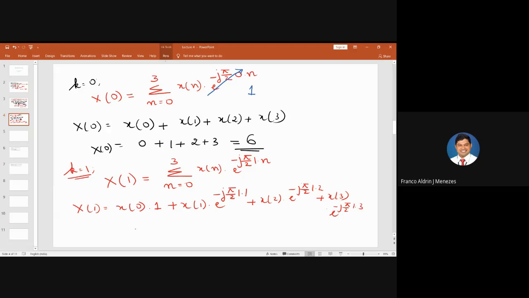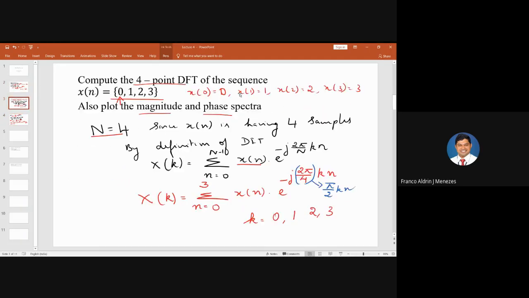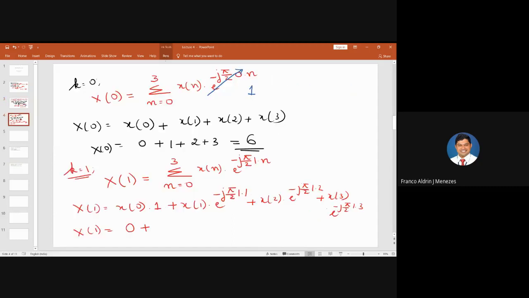So now to further solve this, x of 0 is anyhow equal to 0. So x of 1, from this particular problem statement, we can see here x of 1 is equal to 1. So x of 1 is 1, x of 2 is 2, x of 3 is 3. So just substituting those values here.